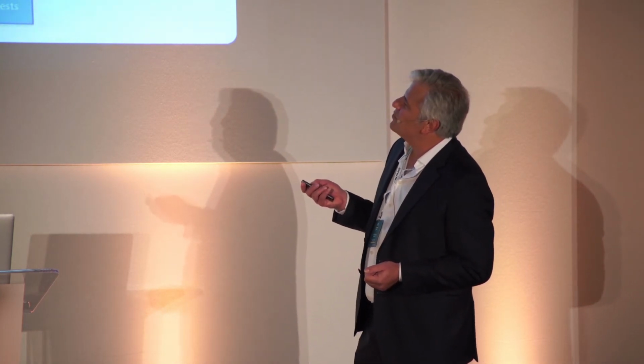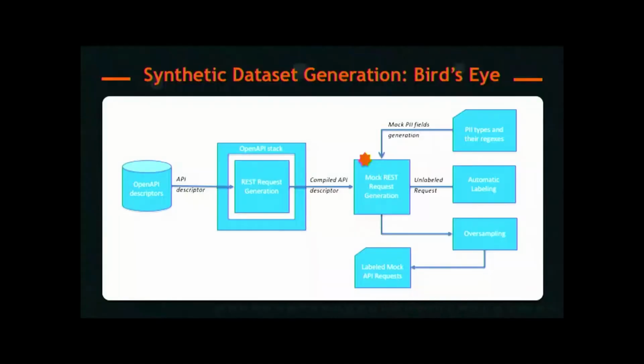So this works in the following way. What we essentially did is we wanted to generate example RESTful API requests, so JSON payloads. The way to do that pretty easily was to tap into existing RESTful API infrastructure.